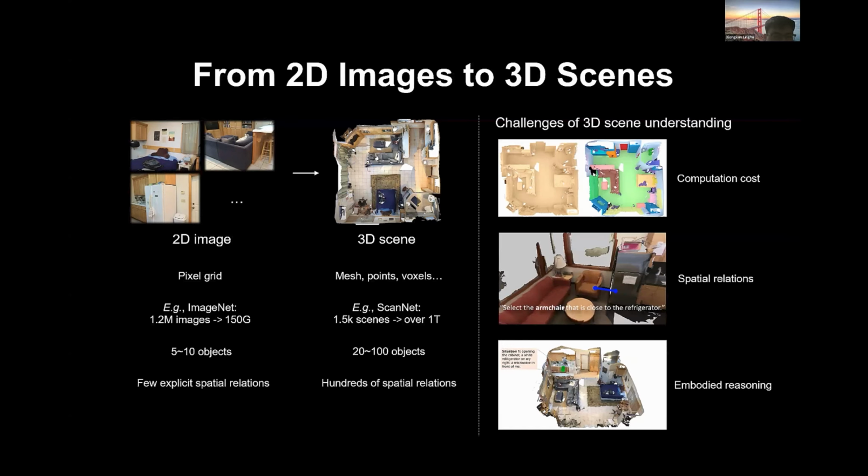Besides, a 2D image may also include fewer explicit spatial relationships between objects, and a 3D scene may include hundreds of spatial relationships between objects.